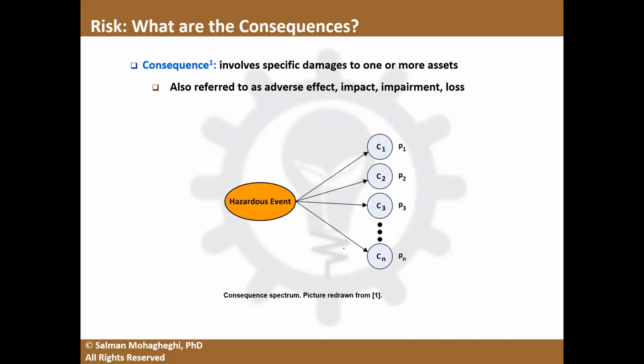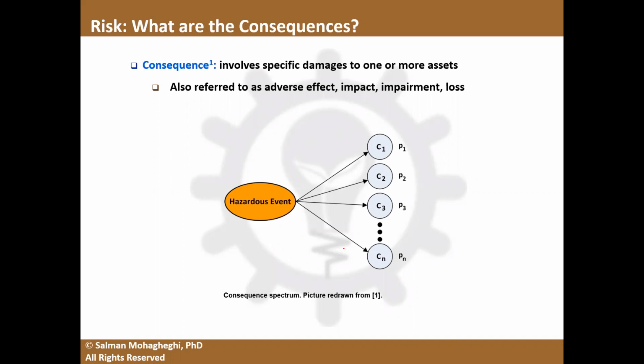So these are the assets. You identify the assets that you want to protect, and then you have to list the consequences. So what are the things that might happen? What are the impacts of that hazardous event? A lot of times, what we do is we look at it in terms of a consequence spectrum.